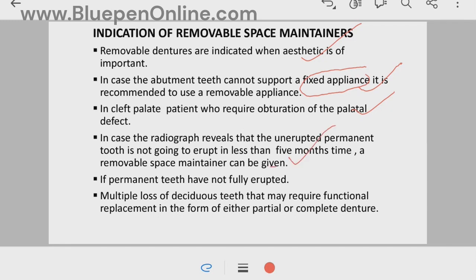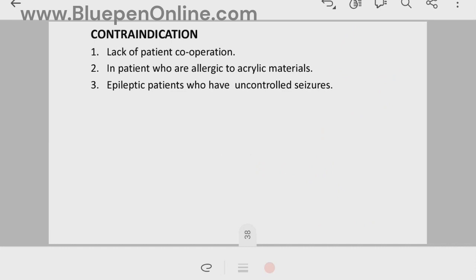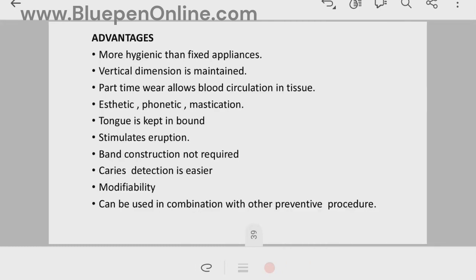If permanent teeth have not fully erupted and there are multiple missing deciduous teeth that may require functional replacement in the form of either a partial or complete denture, then you can also use a removable space maintainer. Contraindications: if the patient is not cooperative, you can't use it. Also for those allergic to acrylic material, and epileptic patients with uncontrolled seizures, you can't use it. There's high risk because it is removable.